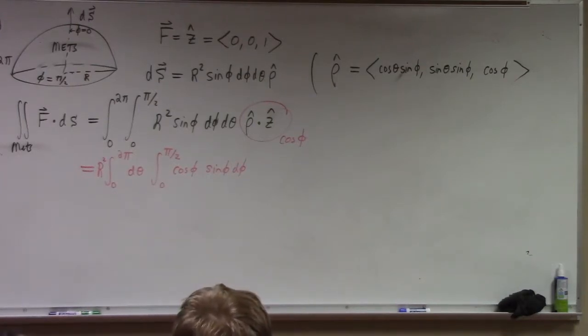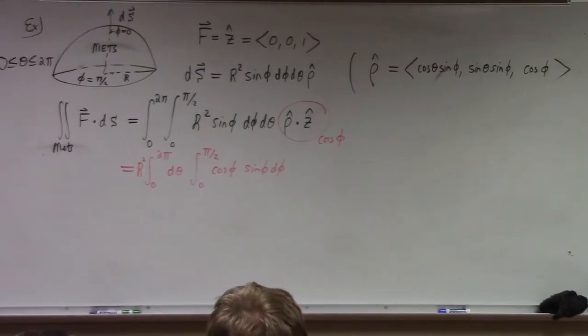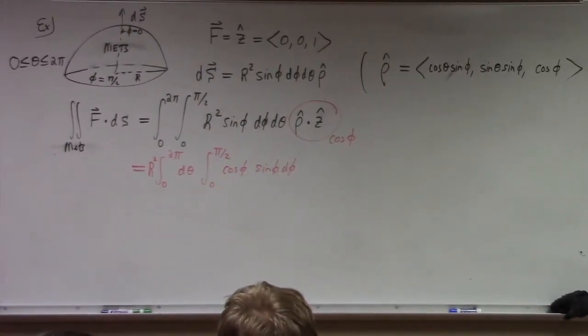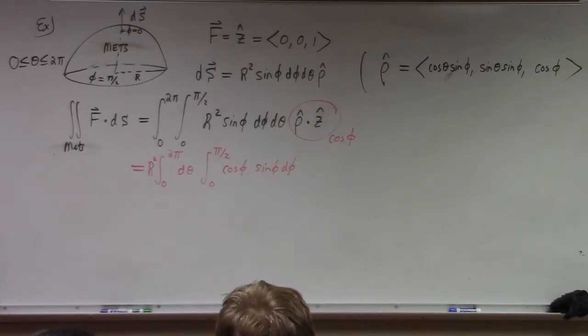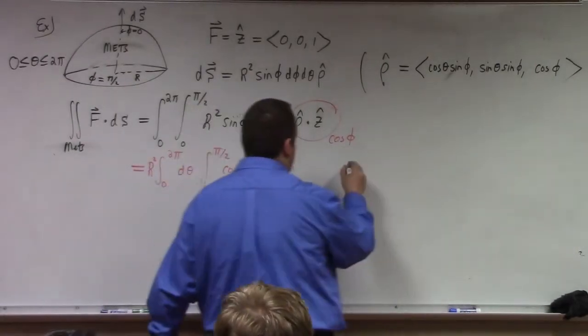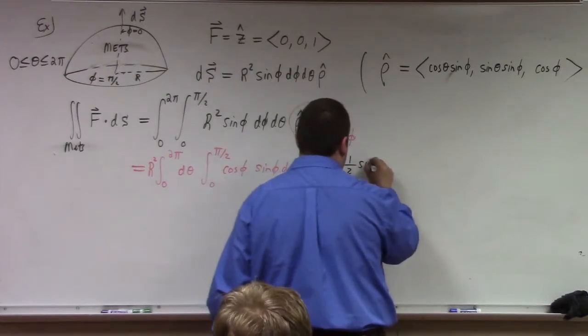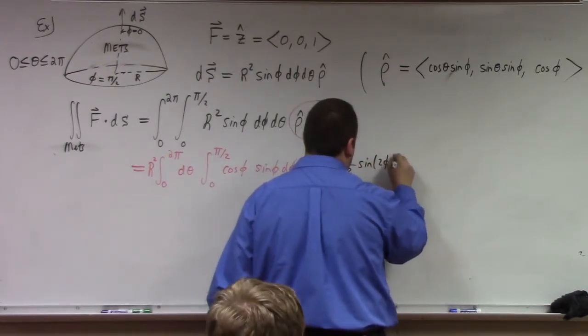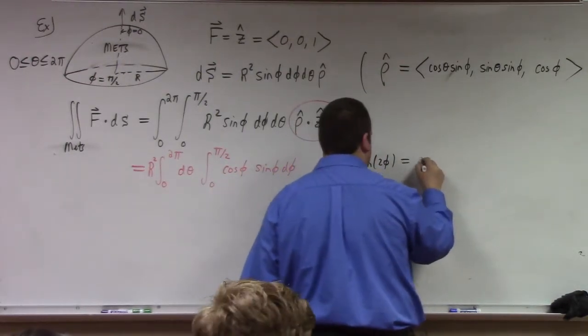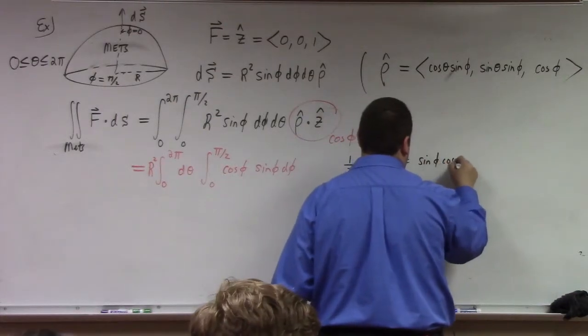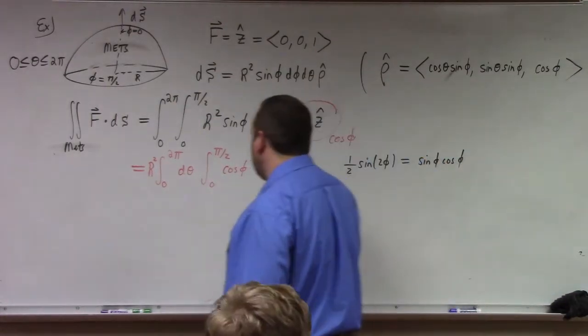At this point, you've got various choices for the integration. How do you want to do it? We could do u substitution. We could remember that 1/2 of sine 2 phi is equal to sine phi cosine phi. That one's kind of fun.